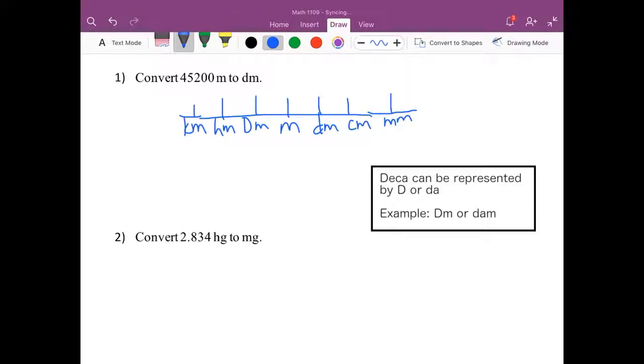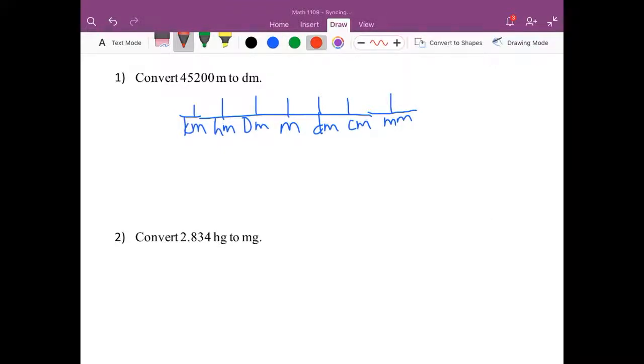Okay, so to jump from meters to decimeters, we're doing one jump to the right, or essentially we are going to be multiplying by one factor of 10.